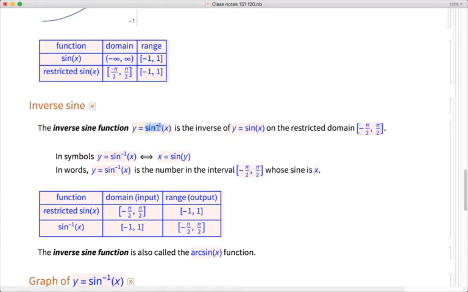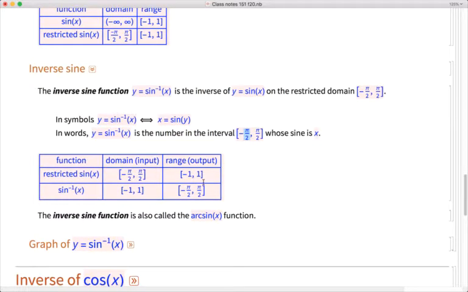So again, we've seen the symbols before. Sine to the minus 1 here is the symbol for the inverse sine function, and it's defined in symbols this way. y is the inverse sine of x if x equals sine y. I usually think of it in words. y, the inverse sine of x, is the number in this specific interval here whose sine is x.